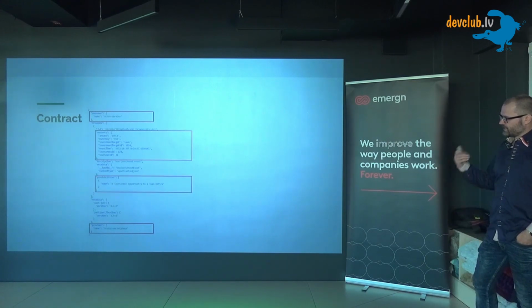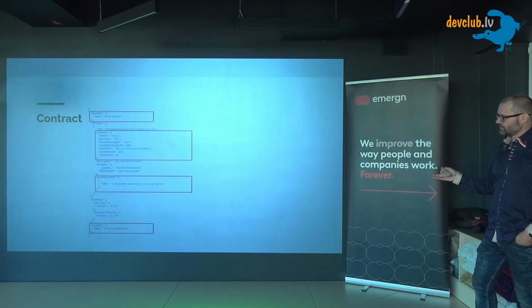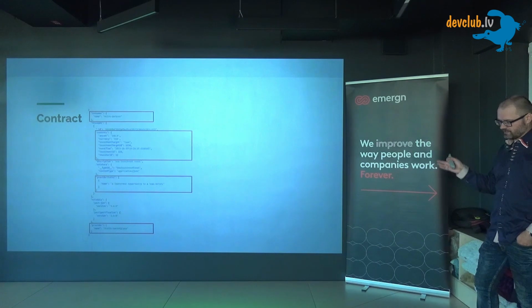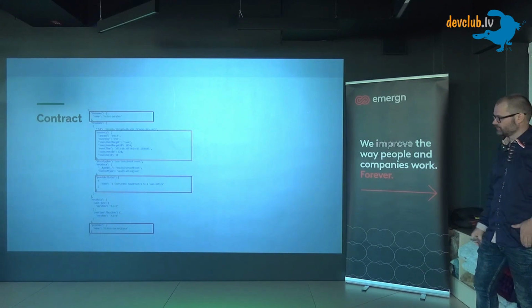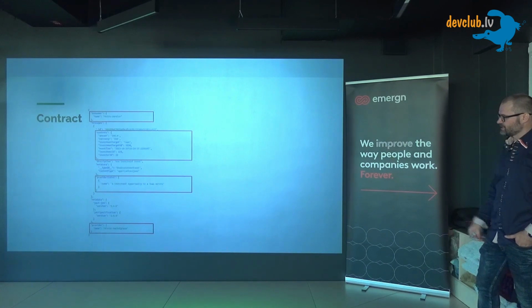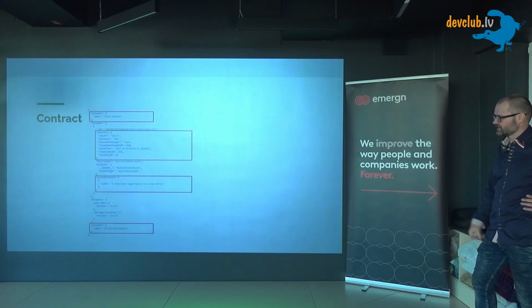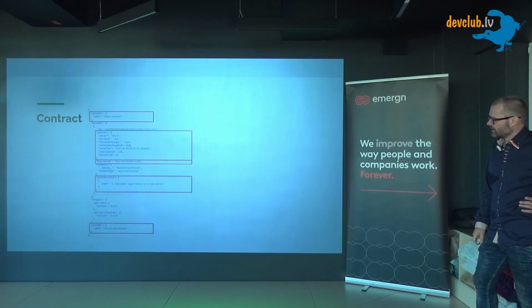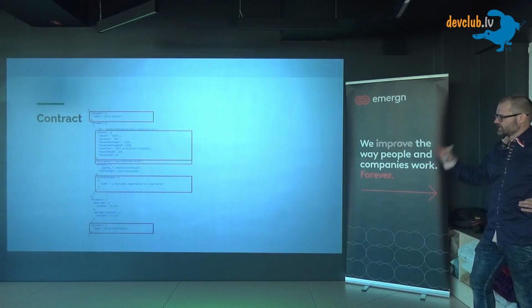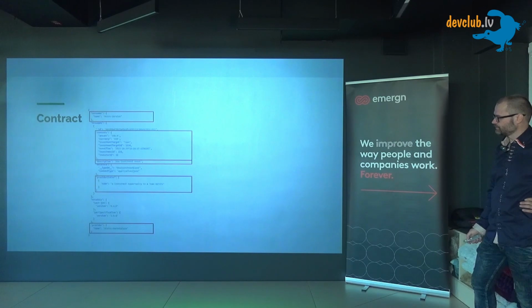And then there are provider states. Provider states I'll explain later, but that's one of the features that allows you to define data necessary for the test to be executed. And here's the name of the test. The test name or description in this case has to be unique.